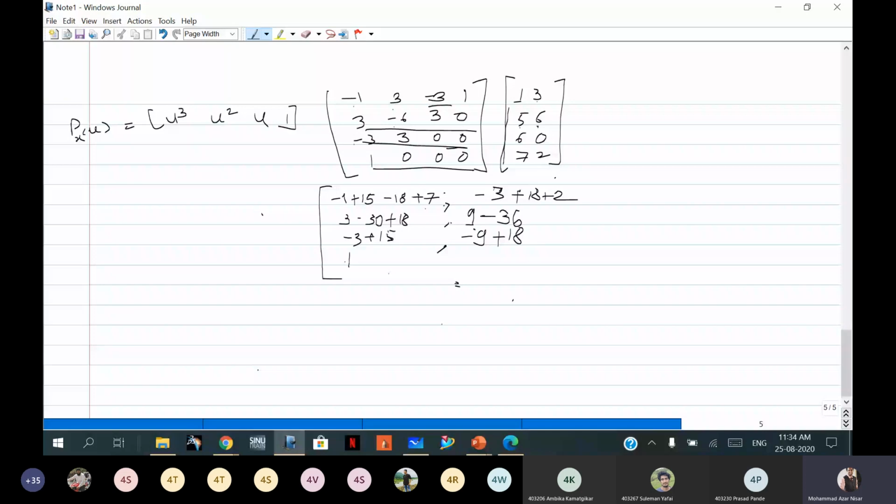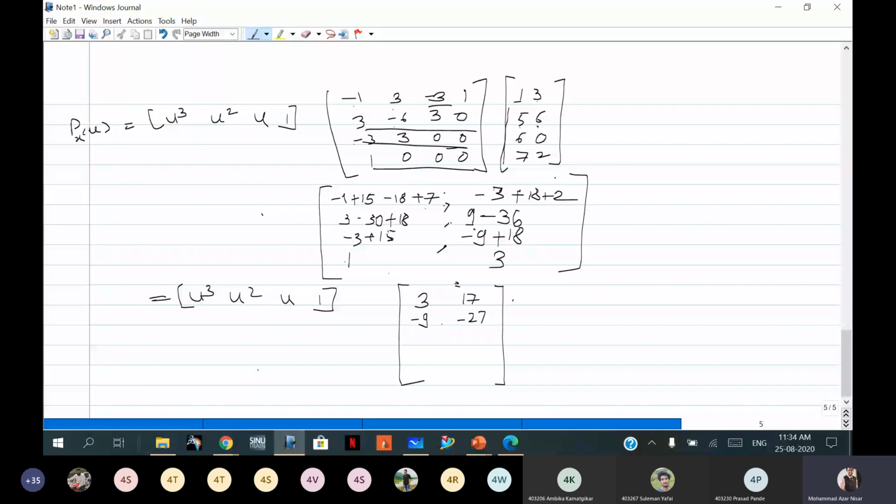Now after solving this, you will get u cube, u square, u and 1, and this matrix: 3, 17, -9 and -27, then 12 and 9 and 1 and 3.